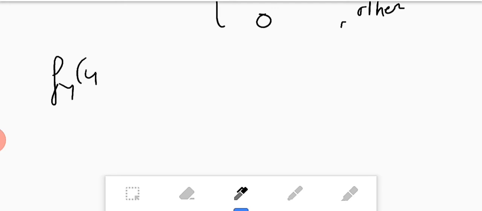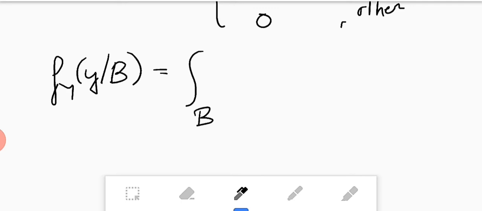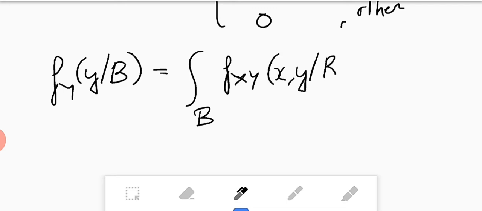I will write down the equation for that. So you want the PDF for only the y variable when event B occurs. Then you will integrate to the limits of B, that is on the x-axis. So this will be f of x comma y given B, dx.